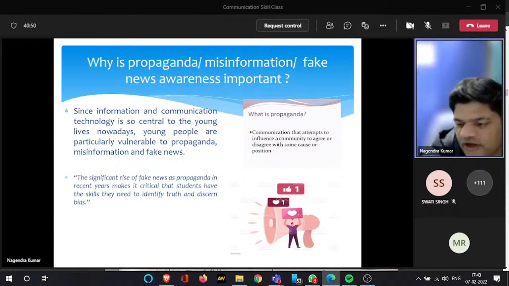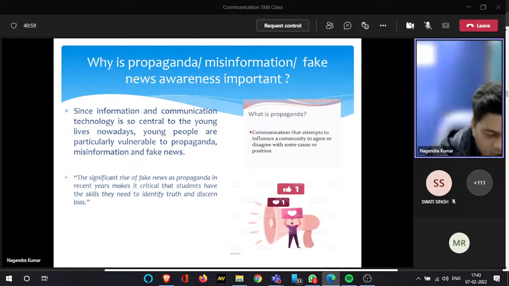Almost on a daily basis, I find it difficult to convince my wife regarding some of the things that she picks up from WhatsApp messages or Facebook or other such sites and always believes them to be true. And I try to make her understand, no, this may not be true.